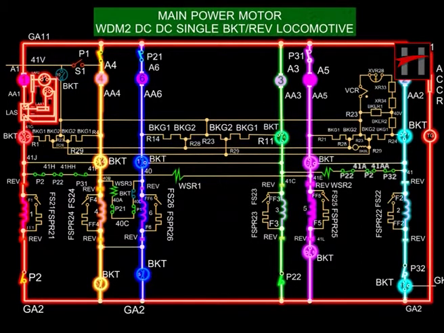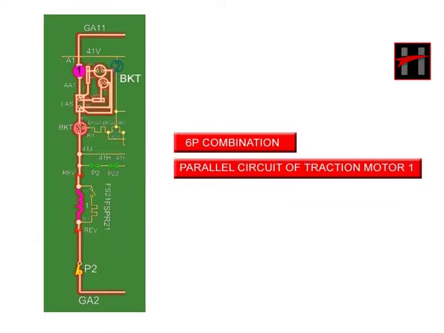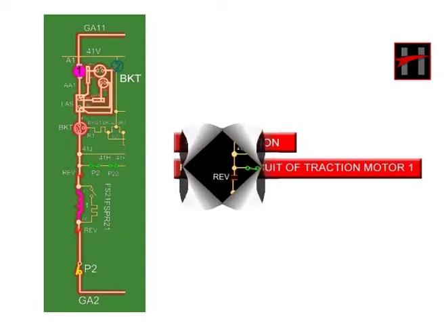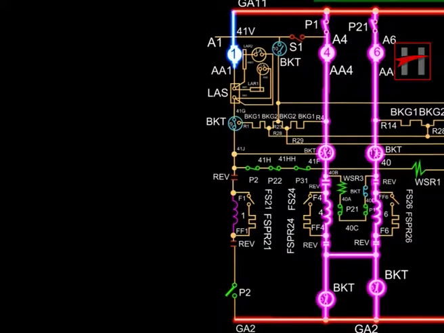The flow of current in all the 6 parallel circuits is simultaneous, but for education purposes, we will discuss the flow of each parallel circuit one by one separately. The current flow in the parallel circuit of traction motor 1 is as follows. The DC output of the traction generator energizes cable GA11, because of which the traction motor 1 is energized via cable A1.